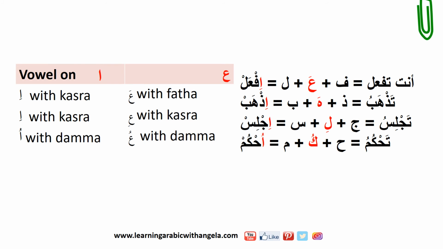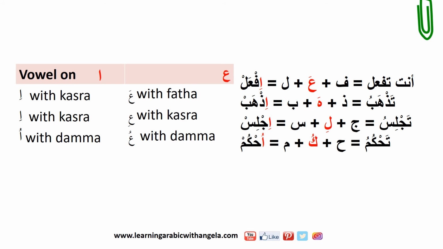So how would we know what vowel we're going to use on the alif? That is according to the ayn of the verb. Remember that. So we look at فعل, and we look at the present tense, أنت تفعل. So in this case, the ayn has a fatha. So افعل. So it's a corresponding kasra. أنت تذهب. The letter ha, which is the ayn of the verb, has a fatha.